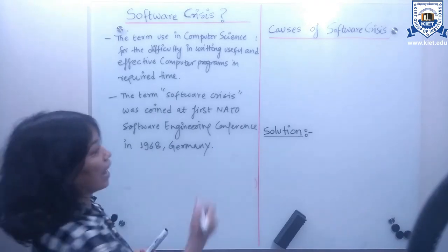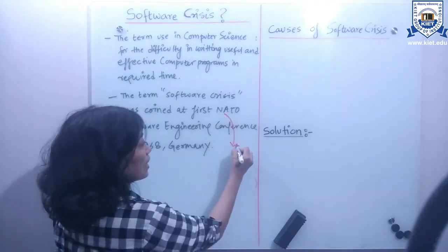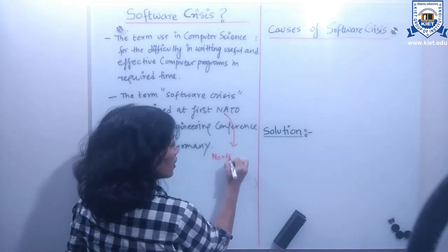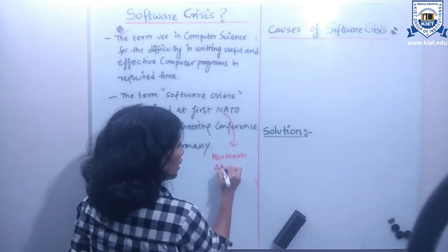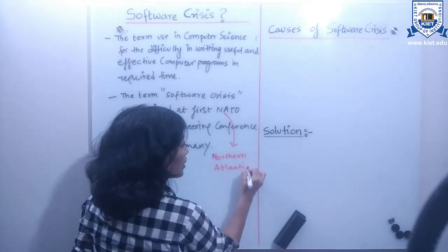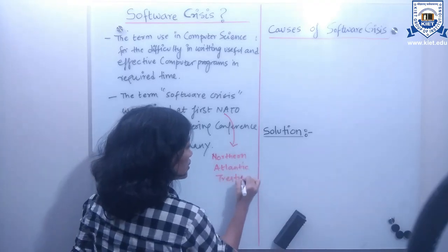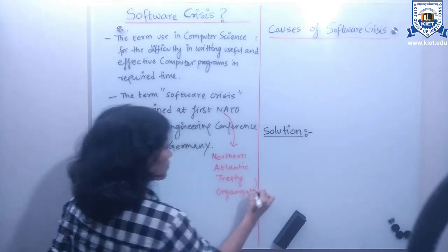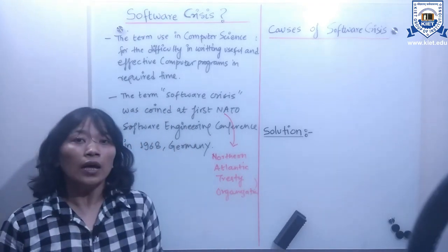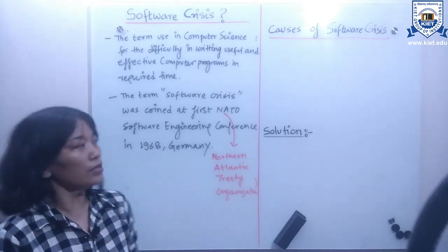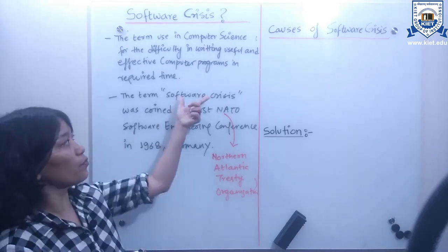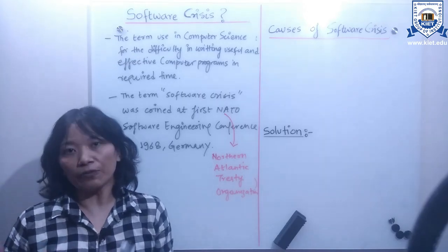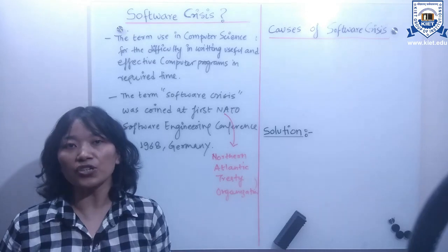So basically NATO is an integrated military union and its full form is North Atlantic Treaty Organization.